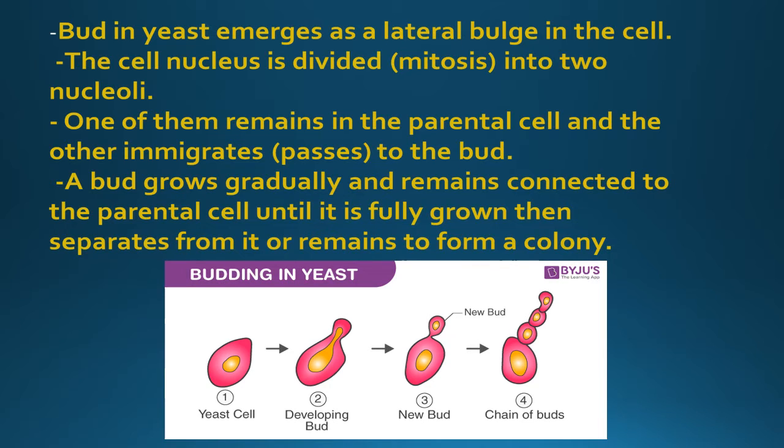A bud in yeast emerges as a lateral bulge in the cell. The cell nucleus is divided by mitosis into two nuclei. One of them remains in the parental cell, and the other migrates to the bud. A bud grows gradually and remains connected to the parental cell until it is fully grown, then separates from it or remains to form a colony.